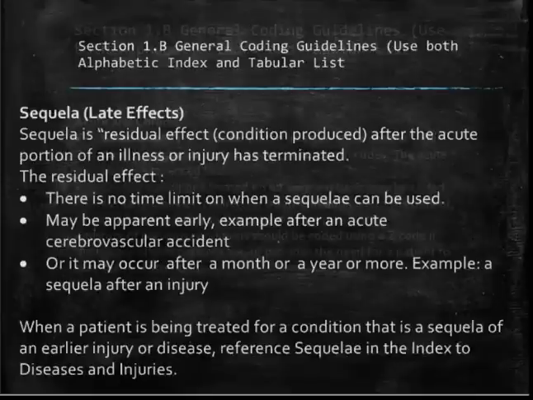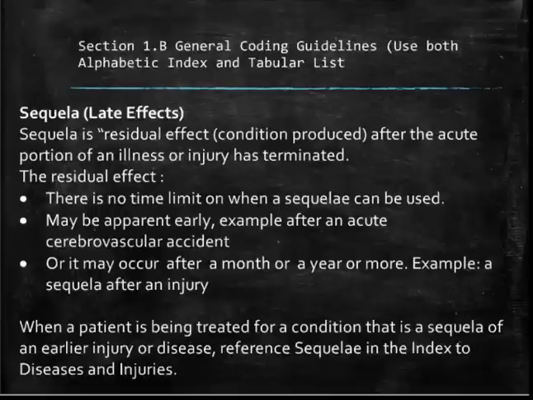When coding for sequela, which is also known as a late effect, it is a residual effect of a previous condition. An example would be if a patient had a cerebrovascular accident, which is also known as a stroke, and due to that cerebrovascular accident, the patient has been diagnosed as having partial paralysis.